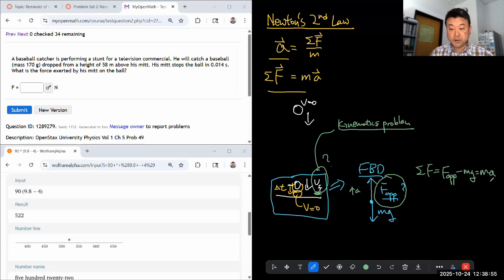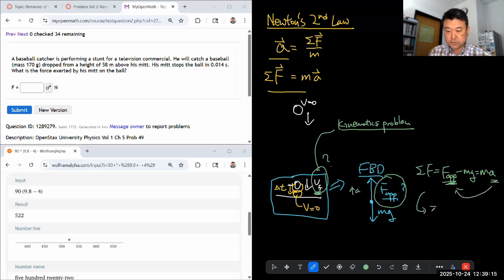So through Newton's second law, you can relate the applied force to the acceleration. So from this final speed that I somehow have from the previous part, if I can figure out the acceleration, then I can figure out the applied force.